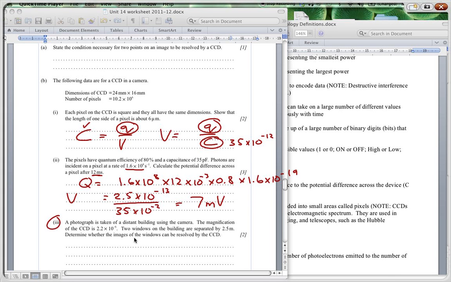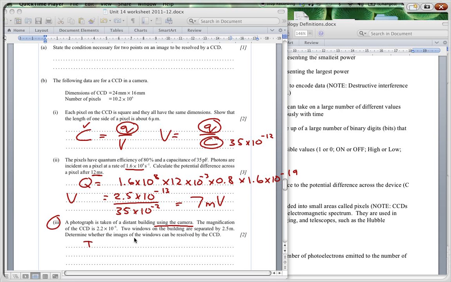Alright, and then for 3 it says a photograph is taken of a distant building using the camera. The magnification of the CCD is 2.2 times 10 to the negative 6. The two windows in the building are separated by 2.5 meters. Determine whether the image of the window can be resolved by the CCD.